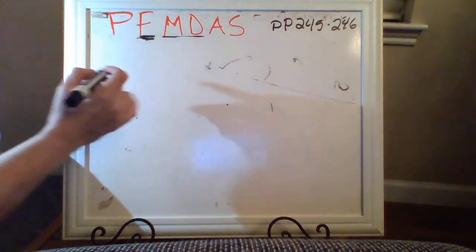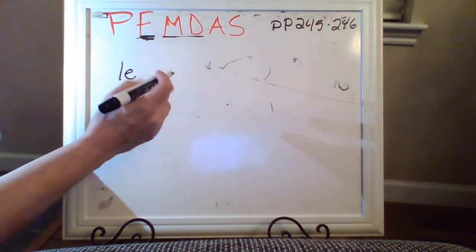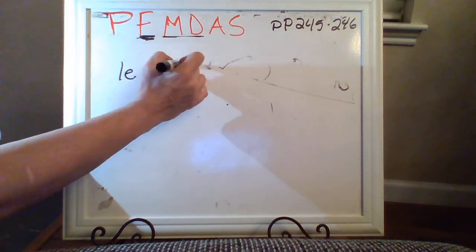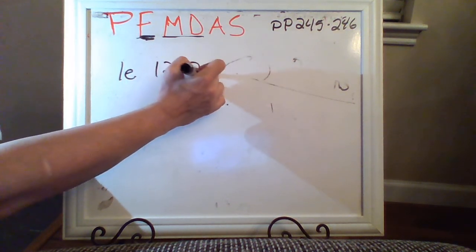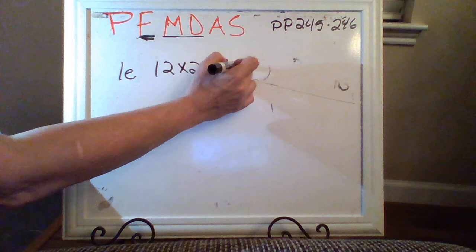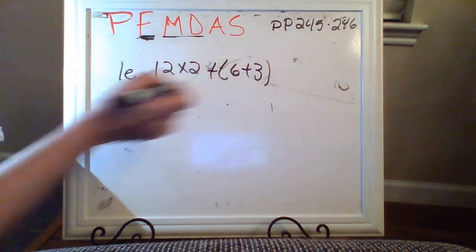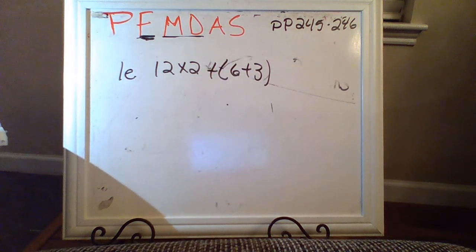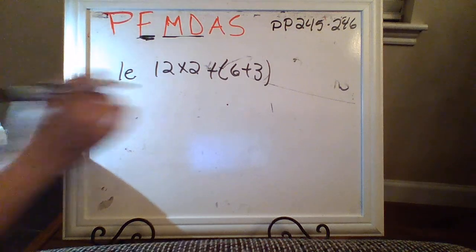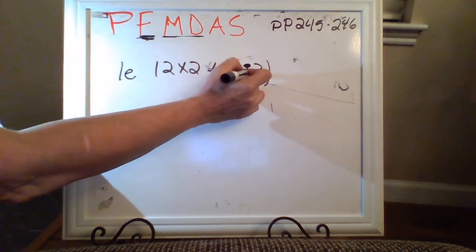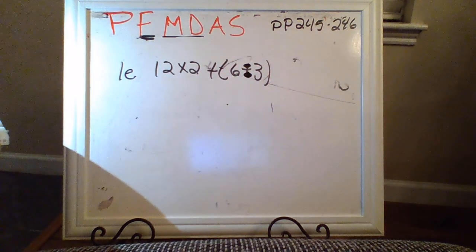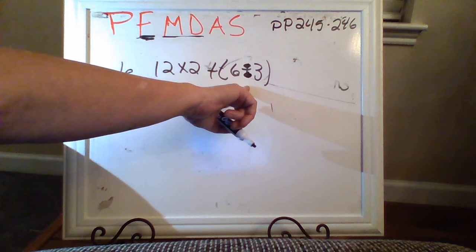Okay, so 1E is getting a little bit bigger here. We have 12 times 2 plus (6 divided by 3). Sorry, 6 divided by 3. So 12 times 2 plus 6 divided by 3. The first thing I have to do is the parentheses.